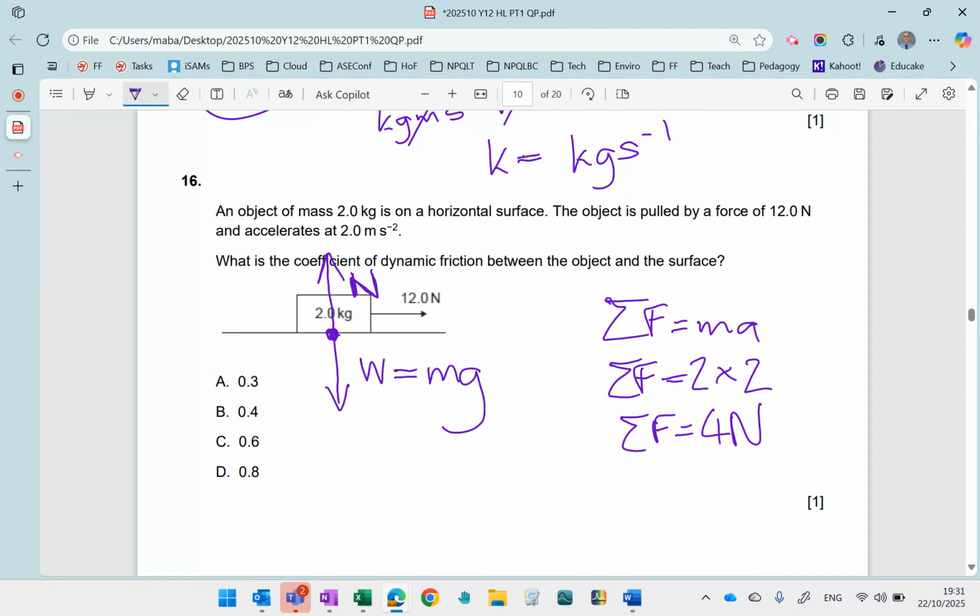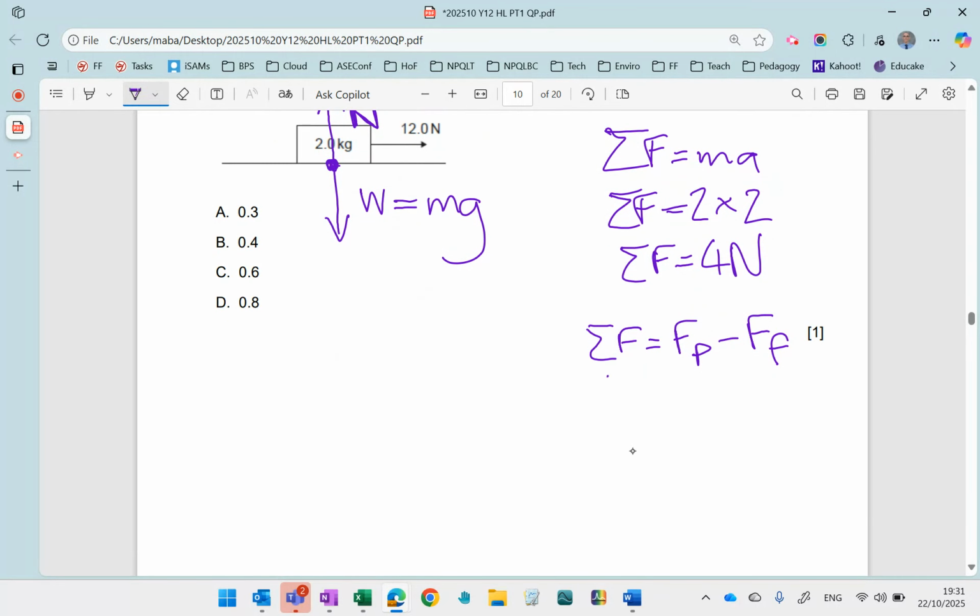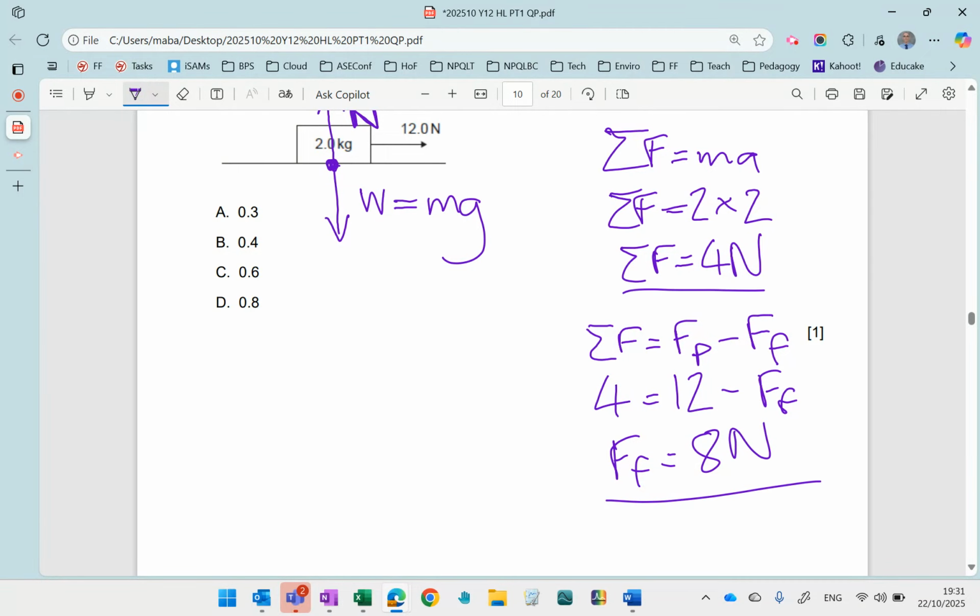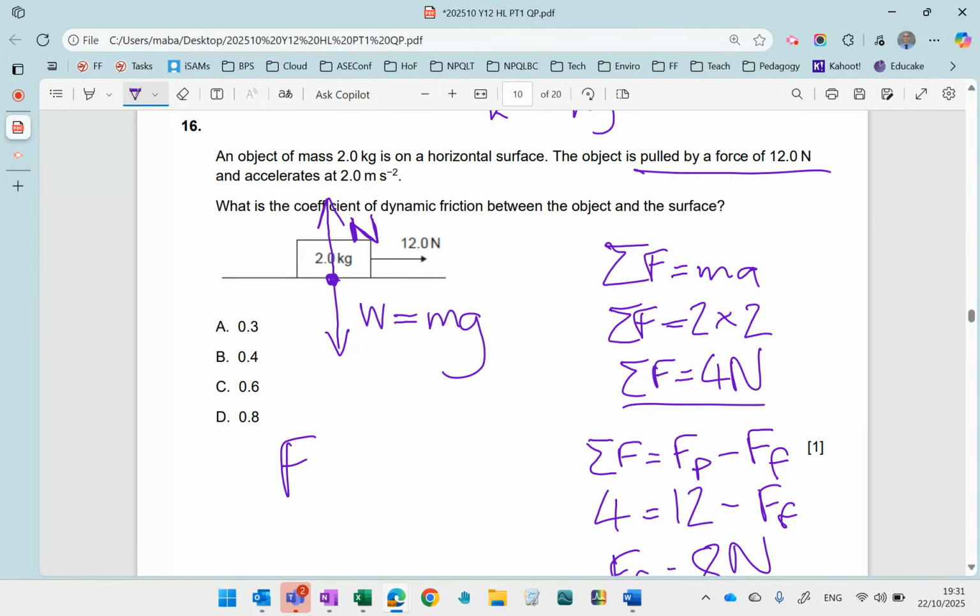But if we're pulling it with a force of 12 newtons, then the pulling force minus the frictional force gives us 4, so that's 12 minus the frictional force. So that means that the frictional force must be 8 newtons. We're getting there.